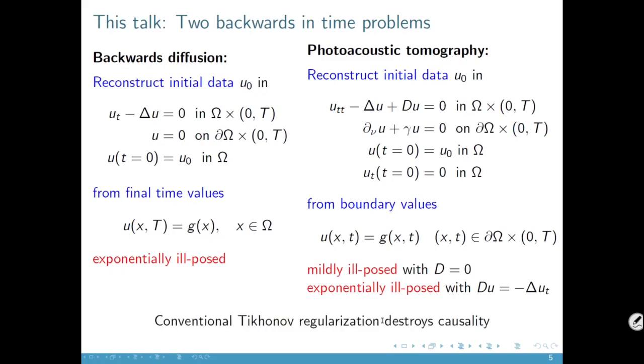One more thing that is common to both of them, because it's about problems going backward in time. If you apply conventional regularization methods, such as Tikhonov regularization that you might be familiar with, causality, so the going forwards in time, is lost, which is of course intuitive because we do want to go backwards in time.